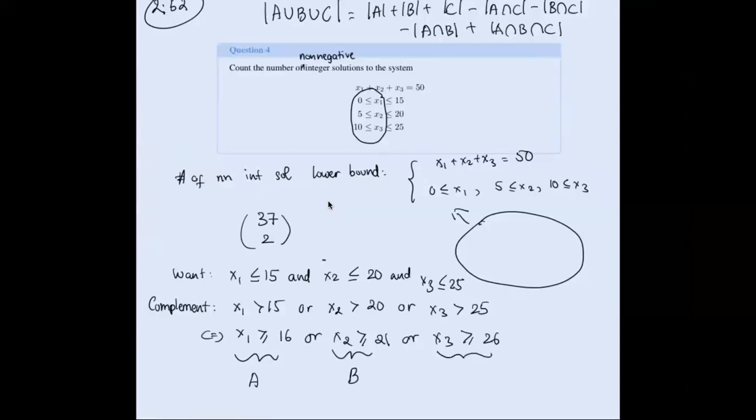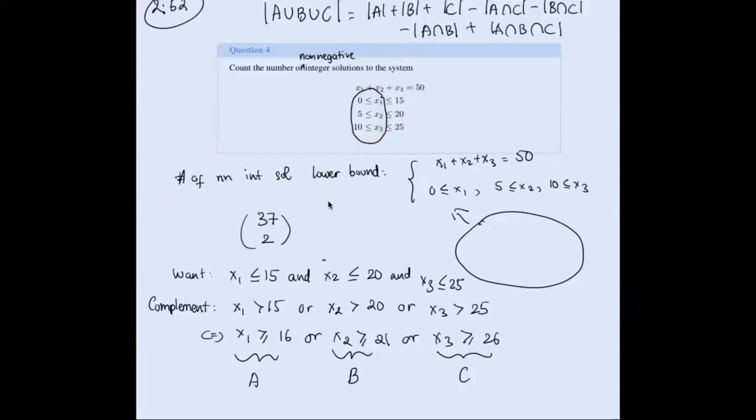Yes, I will explain that again. If you think about it, this one is the number of non-negative integer solutions that satisfy the lower bound, right? And I want to find the number of solutions that satisfy both lower bound and upper bound.